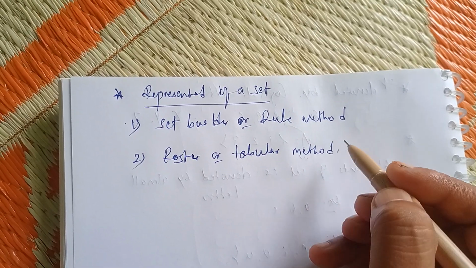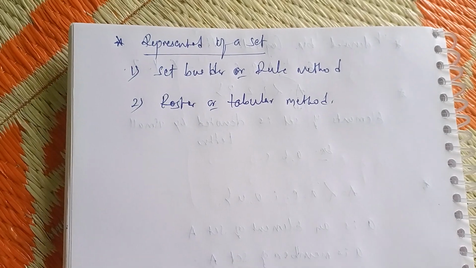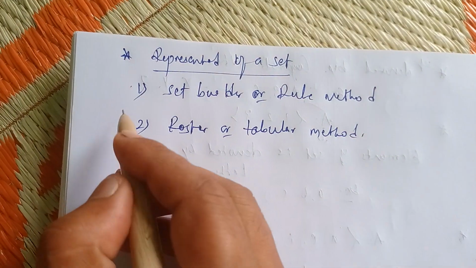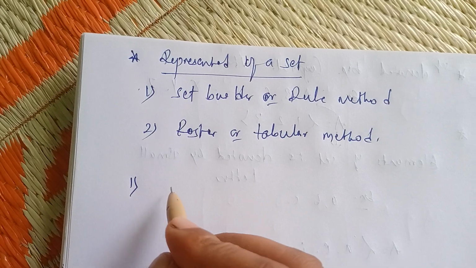There are two types of representing the set. One is set builder and another is roster method. First, the set builder method.